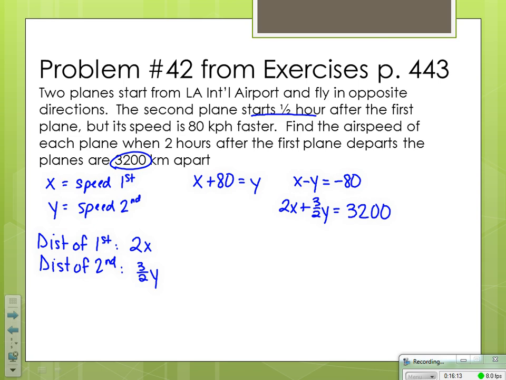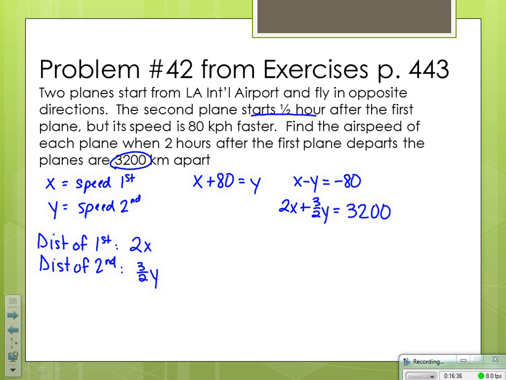Now we can use whatever method we like best. Some of you, if you're a substitution method fan, that first equation has a plain x, so you could use substitution. I'm not the biggest fan of substitution, so I'm actually going to use elimination.